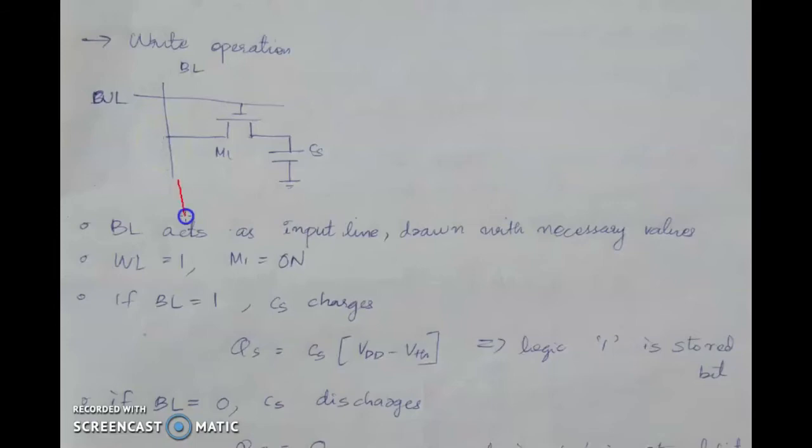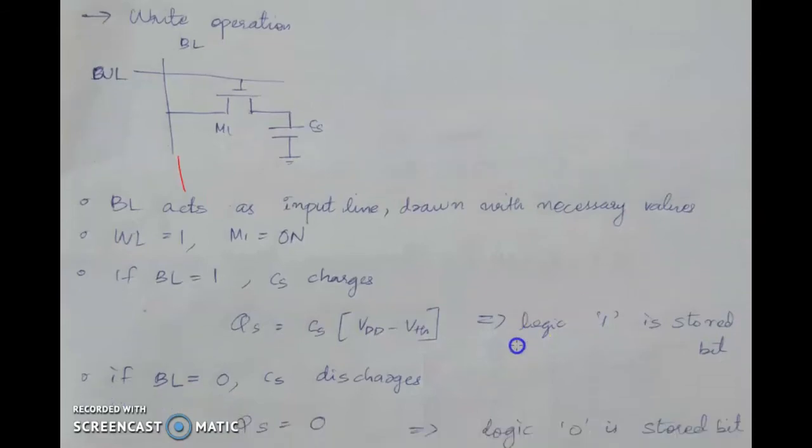When the bit line is 1, that is, when the bit line is pre-charged to VDD, the capacitor will charge toward VDD, but we know that a pass transistor can pass only VDD minus VTH, hence it will charge to VDD minus VTH. So the charge across the capacitor is given by Qs is equal to Cs into VDD minus VTH. When there is a charge across the capacitor, we say that logic 1 is stored. So when the bit line is 1, logic 1 will be written onto the memory cell.